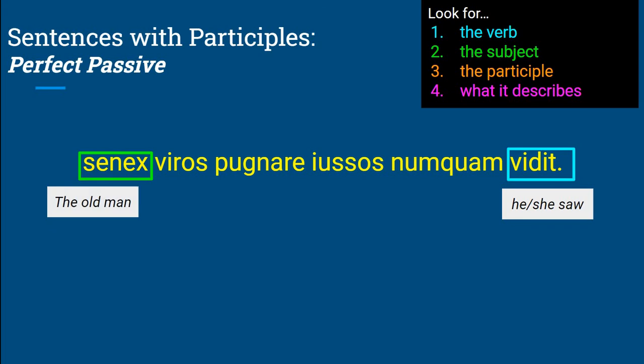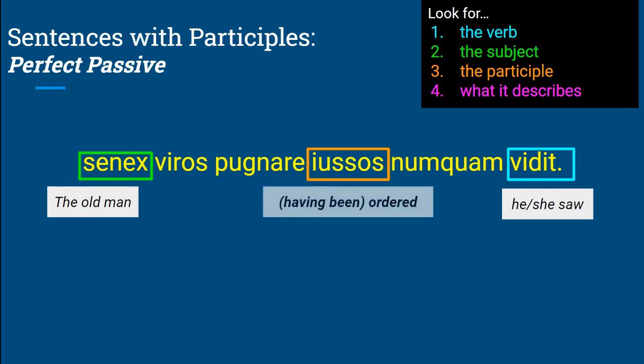So now let's find our participle. Well, it doesn't look maybe like a typical perfect passive participle, but if you know your principal parts really well and know this verb very well, which you should, you'll realize it's iussos, which is ordered or having been ordered. And if you look at that ending, os, you realize it's going to be accusative plural masculine.